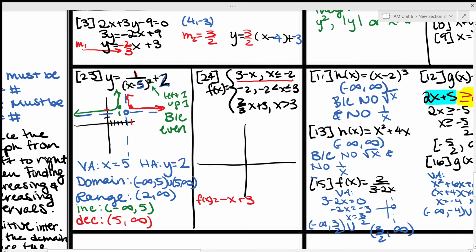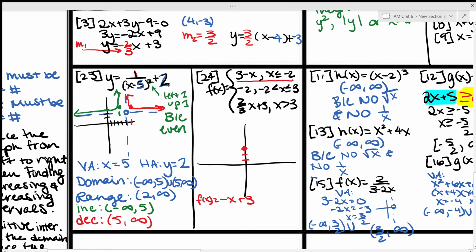Do you guys see why I did that? It's a little bit easier to see my HK. What is my HK? Negative 3, 0. No, it's not negative 3, 0. It is 0, 3, because there's no parentheses. So 0, 3, 1, 2, 3. I'm going to put my point here.